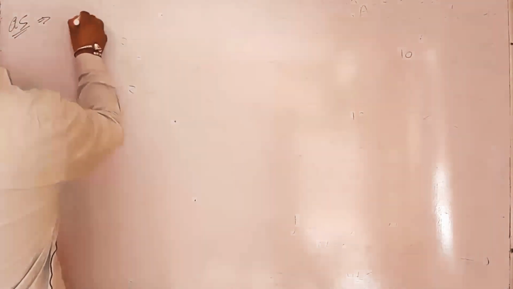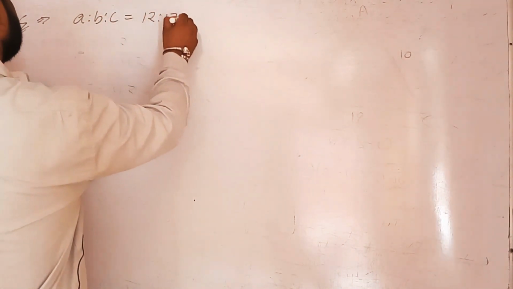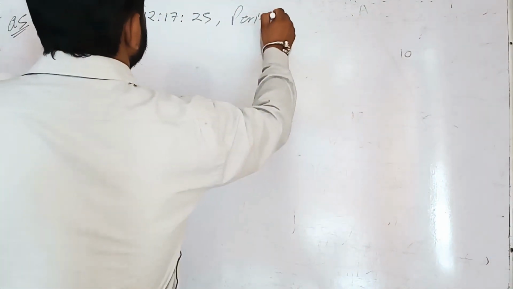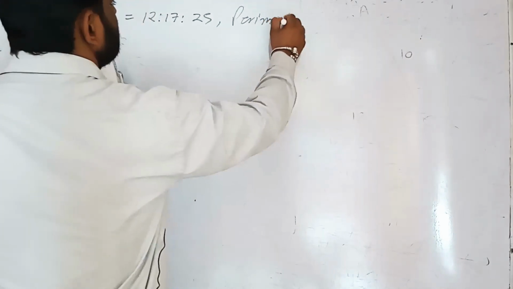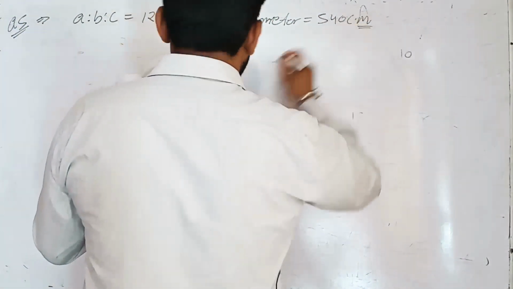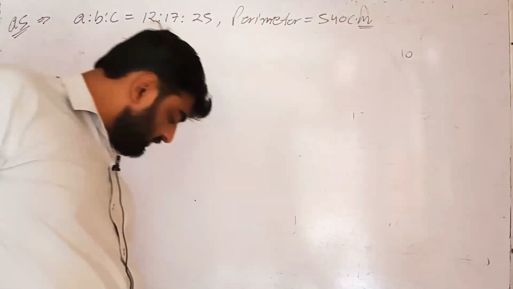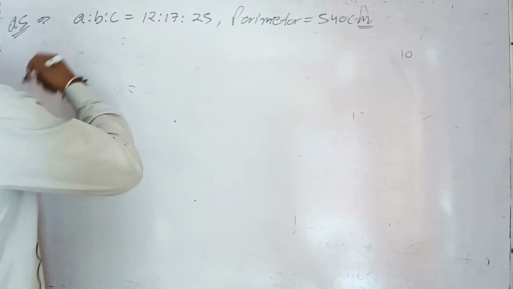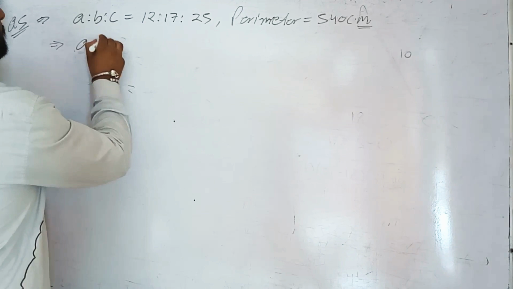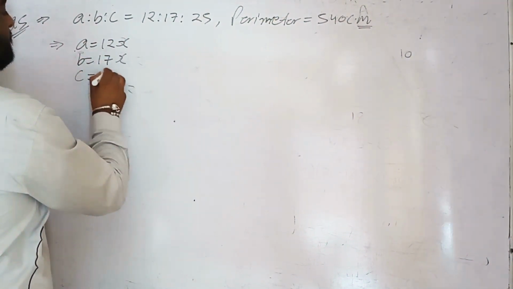The ratio is given as, that is A ratio B ratio C is given as 12 ratio 17 ratio 25, and the perimeter is given as 540 centimeter. So we know that A equals to 12x, B equals to 17x, C equals to 25x.